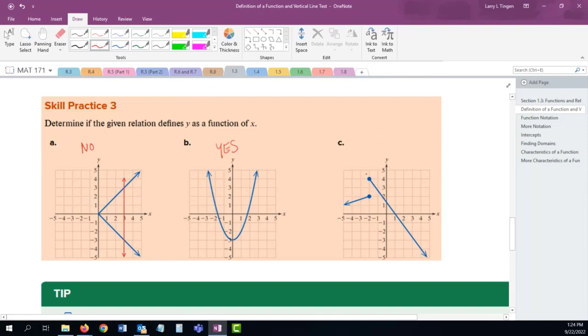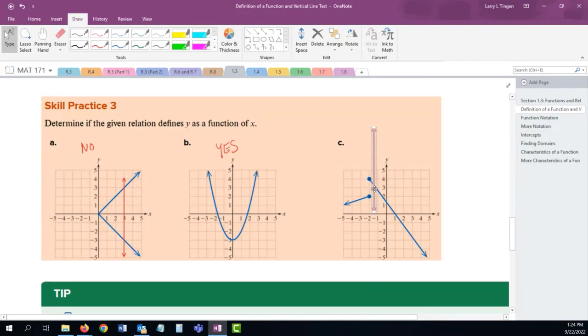And then C. I told you this one, so this is another piecewise. I don't have to worry about anything for x greater than negative 2. I don't have to worry about anything for x less than negative 2. But I do have to worry about the place where the piecewise pieces overlap. And we do have a problem right there.